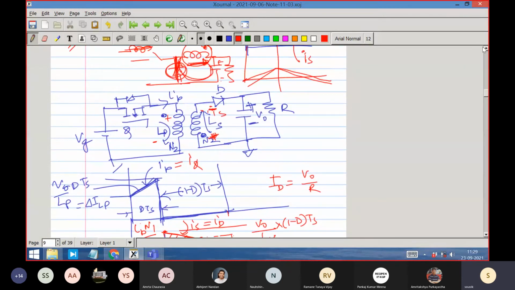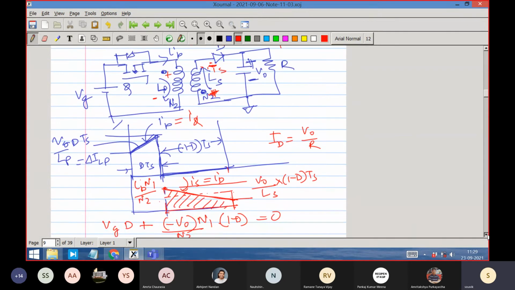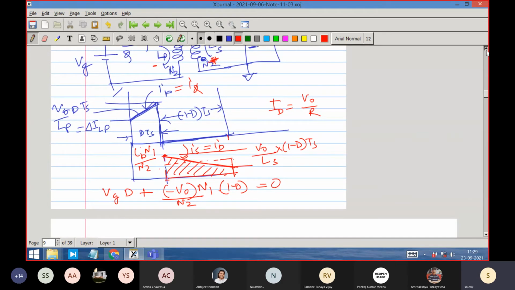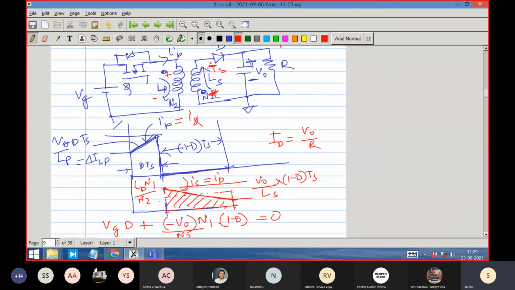Okay, I hope you have understood. I am sticking to one coil, the primary coil, to write the volt second balance. On time voltage is Vg for D. Off time, what is the voltage? With this polarity convention, when the diode conducts, this terminal voltage becomes V0, plus and minus.